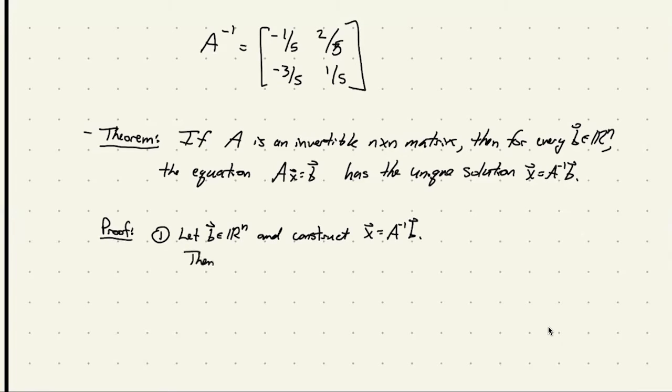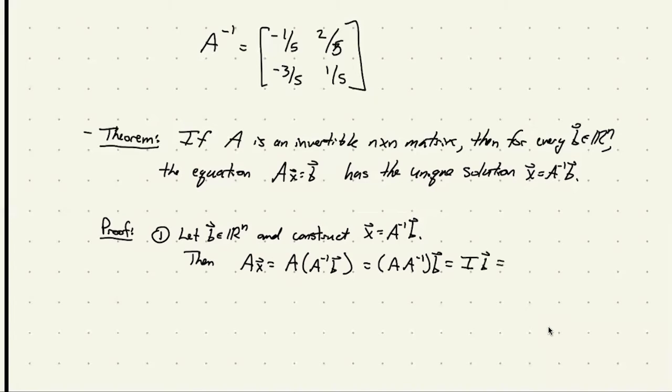Then what I get is A times the vector X, which is A times A inverse times B. Reassociate this. A times A inverse by definition is the identity.